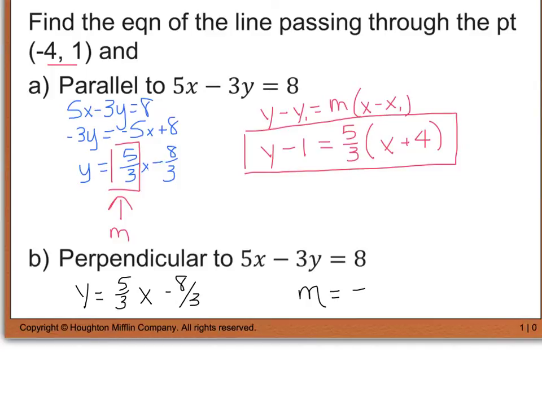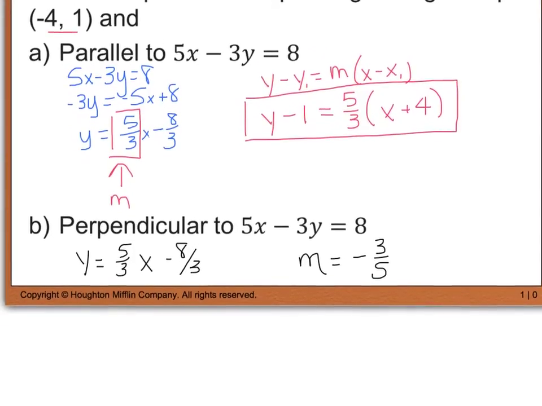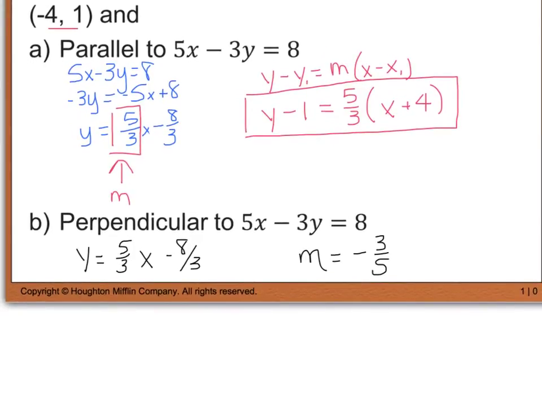Well, the reciprocal of 5/3 is 3/5. So now that I have my slope, I can use point-slope form again and say y minus my y1, which is 1, is equal to your slope, which is now a negative 3/5, times the quantity of x minus a negative 4, which is really x plus 4.